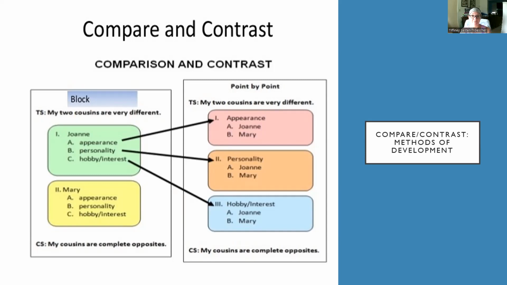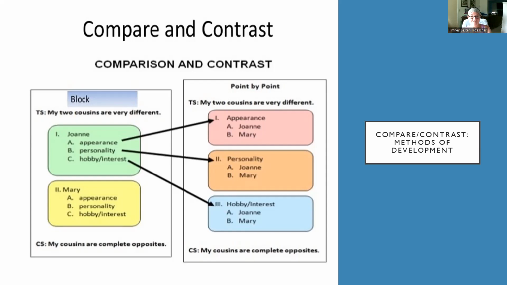Okay. Now, taking that same example and looking at how we would do it point by point, right? We still have our topic sentence. My two cousins are very different, except this time, the first thing we're going to talk about is our first difference, their appearance, right? We talk about appearance first. We discuss Joanne's appearance, and then we discuss Mary's appearance.